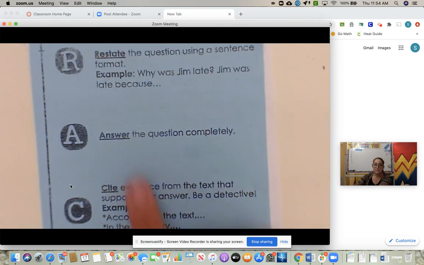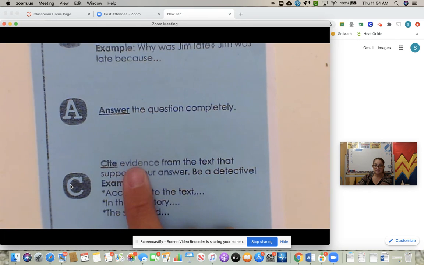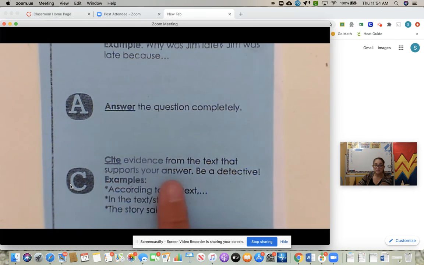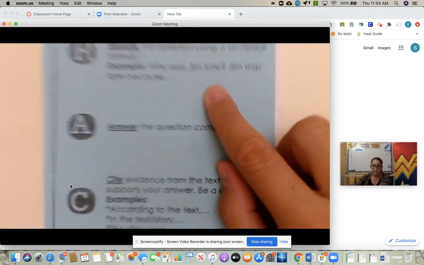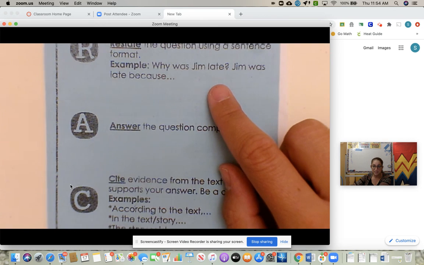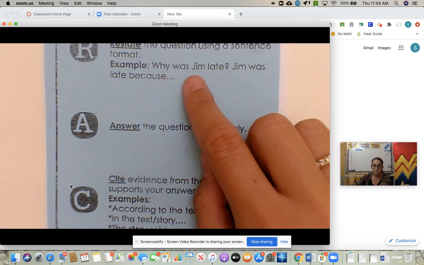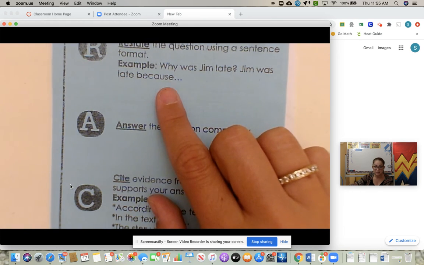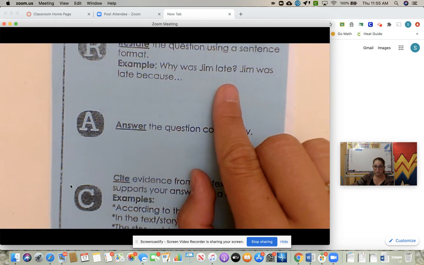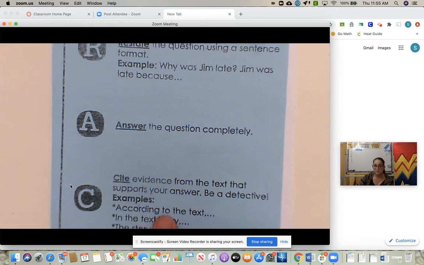Then C, cite evidence from the text that supports your answer. So you're being a detective. That's when they go into the passage and underline what proves their answer. So for instance, if it was a passage about Jim was late, why was Jim late? Jim was late because his alarm didn't go off. Making that up.